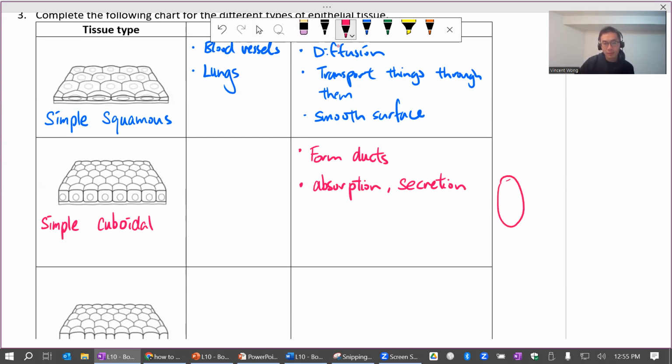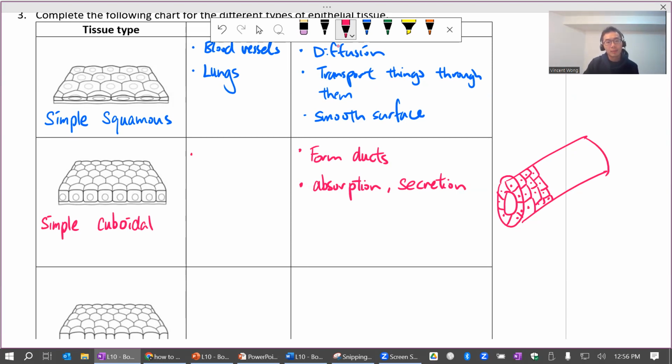If you have a duct, the outside is going to be these cuboidal shaped cells. Think of building an igloo, right?